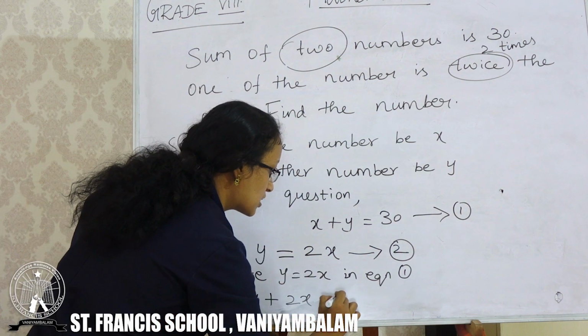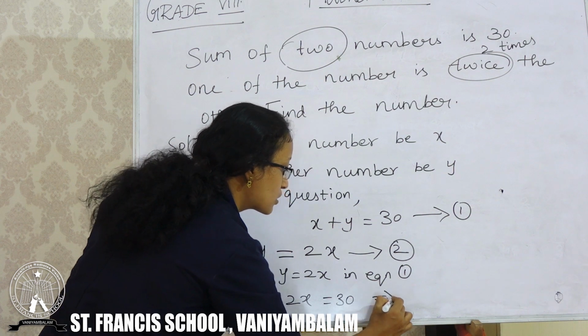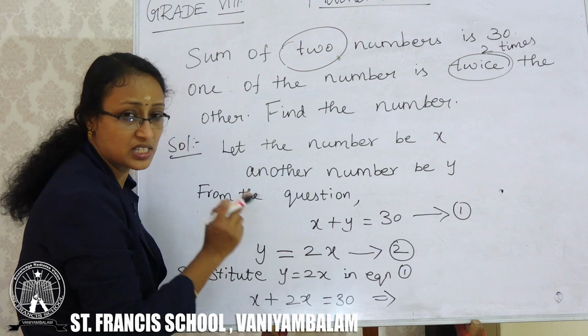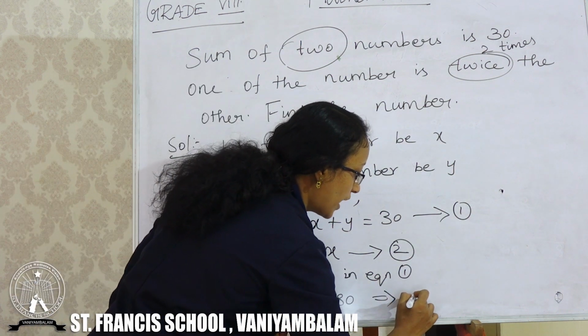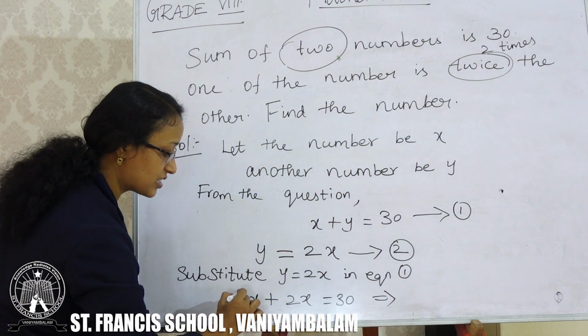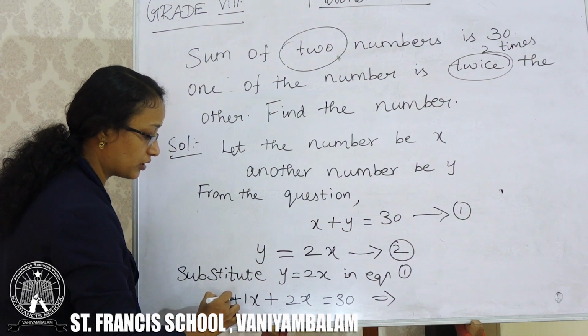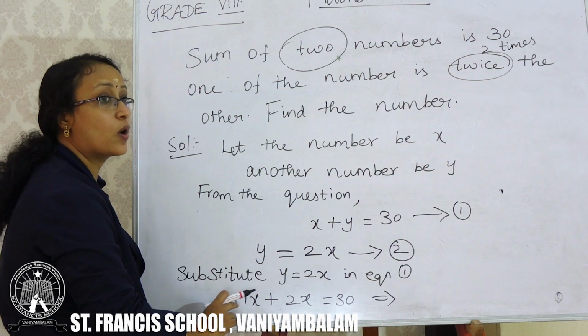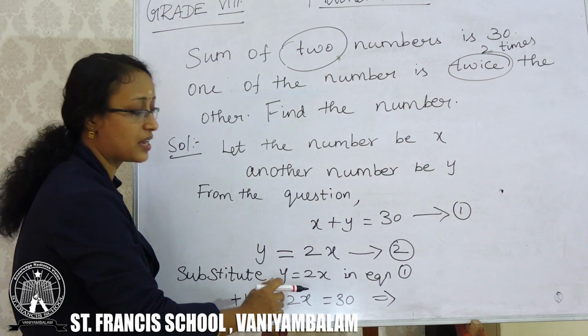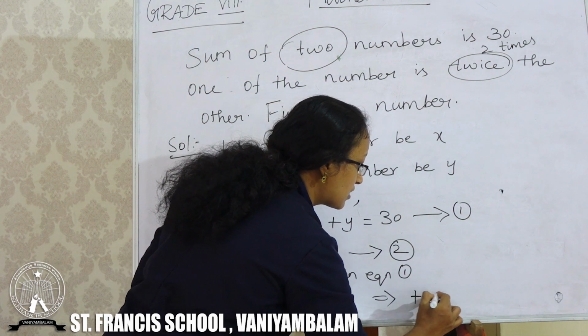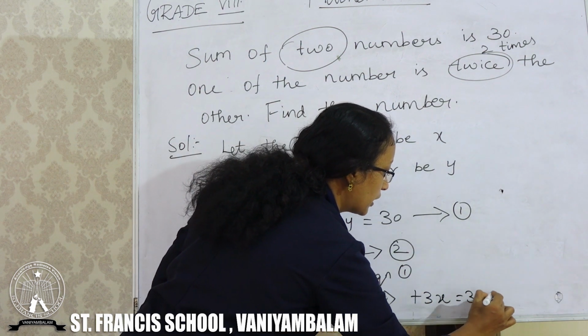You will get x plus 2x is equal to 30. Now you have the equation in a single variable x. What is the coefficient of x? 1. What is the sign? Plus. So plus 1 plus 2, the signs are the same, so you add them and keep the same sign. Plus 3x is equal to 30.